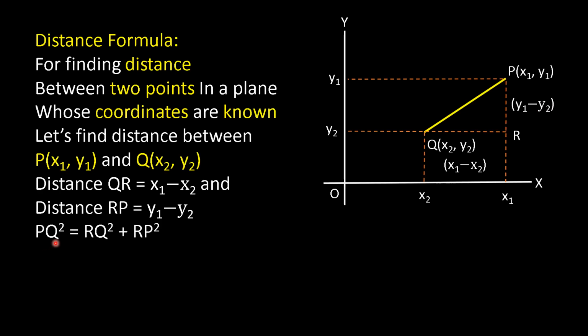By Pythagoras, we write PQ square equals RQ square plus RP square. For RQ, we will put x1 minus x2. And for RP, we will put y1 minus y2.